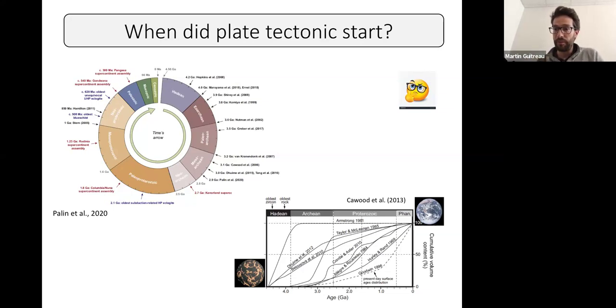Because if you add that thick layer, you actually block the extraction of heat, and then heat can accumulate. That's when you will have the focusing on mantle plumes that can produce some drifting of the lithosphere at the base, and that can probably break apart a continent.